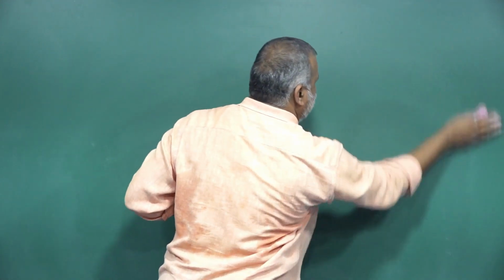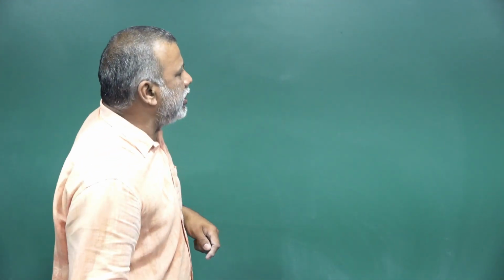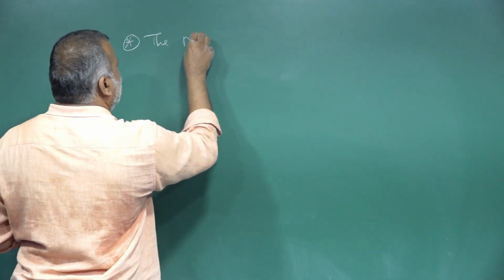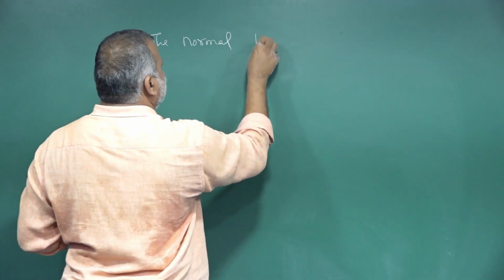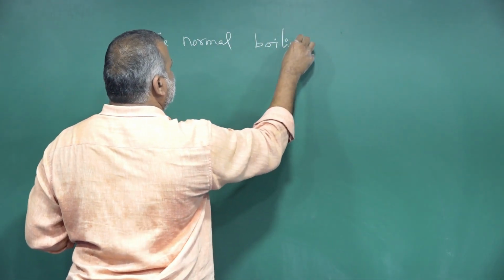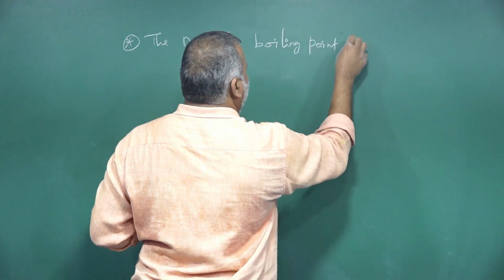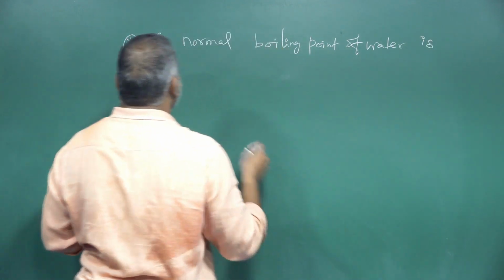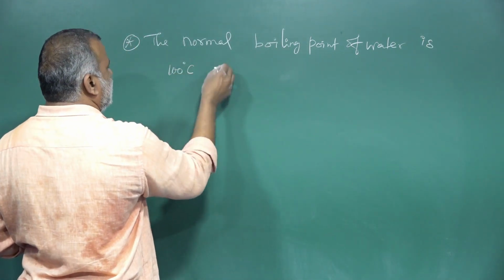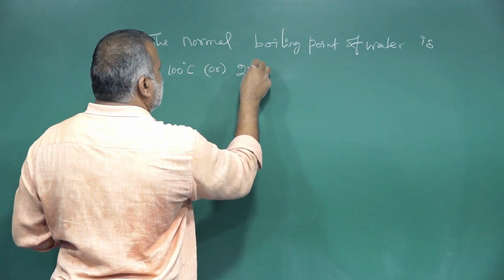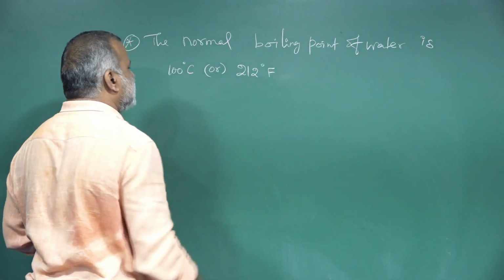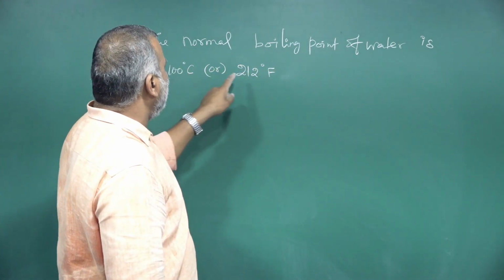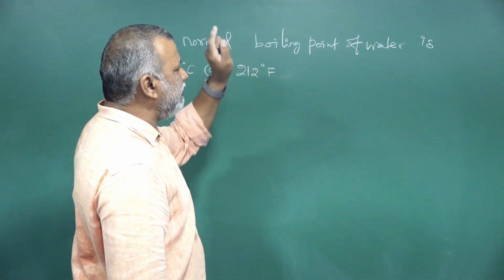Now listen once again. Read the question. The normal boiling point of water is 100 degrees centigrade, or you can say 212 degrees Fahrenheit.